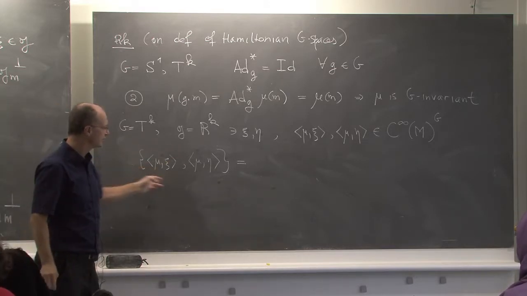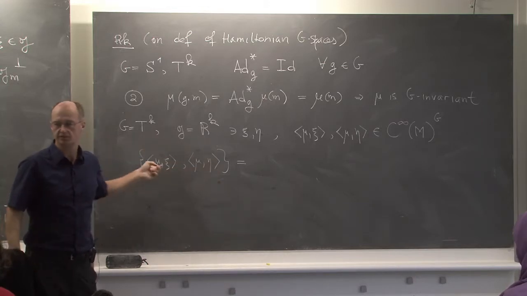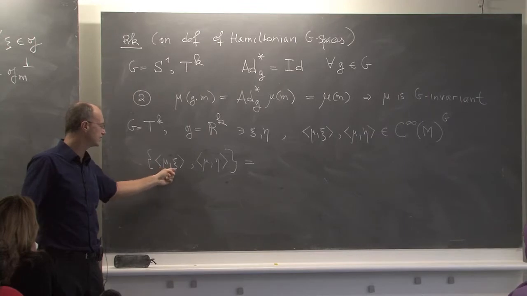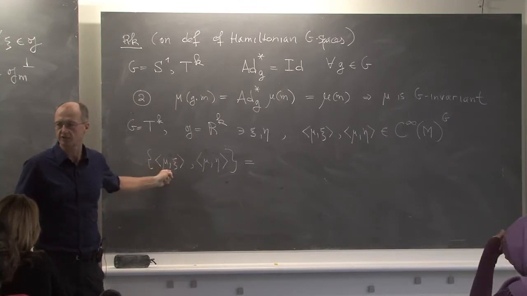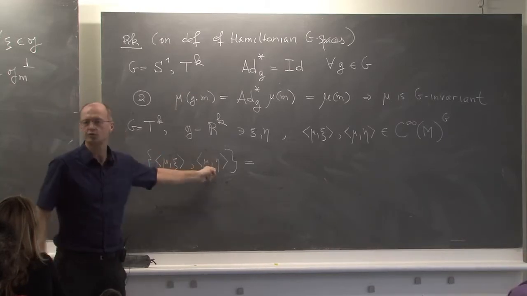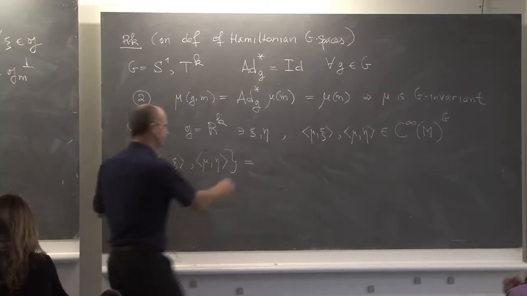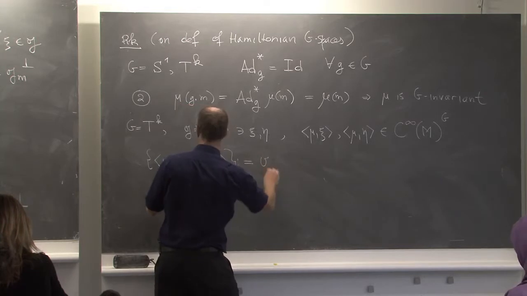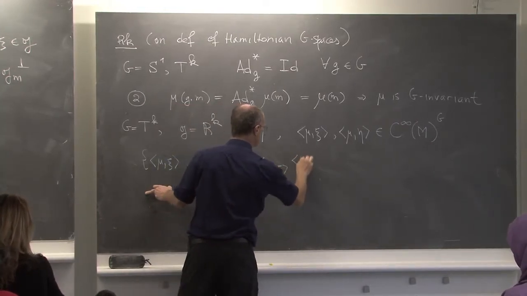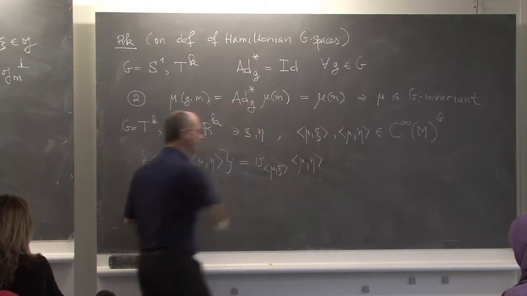For that, let me recall how it's done. So we should consider the Hamiltonian vector field corresponding to one of the functions and act with this vector field on the other one. So that's the definition. So one should take the Hamiltonian vector field of mu^xi and act on mu^eta.